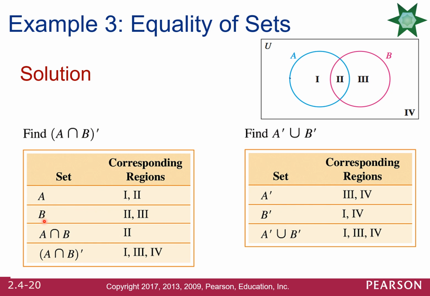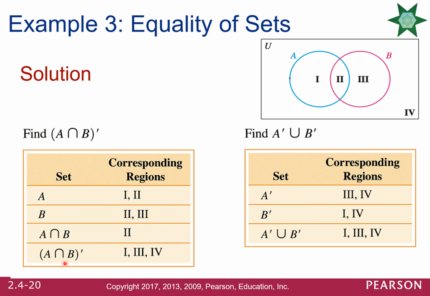The elements that belong to set B can be found in region 2 or region 3. So 2, 3, they've written out the corresponding regions here. And then A intersection B is this overlapping region, and that's region 2, so they have that written out here.